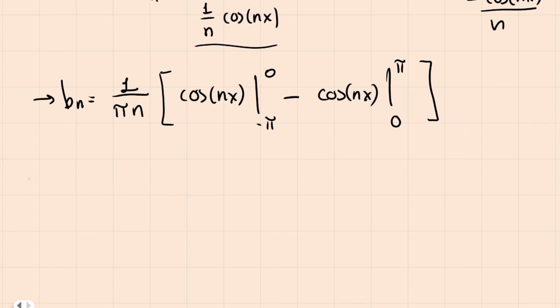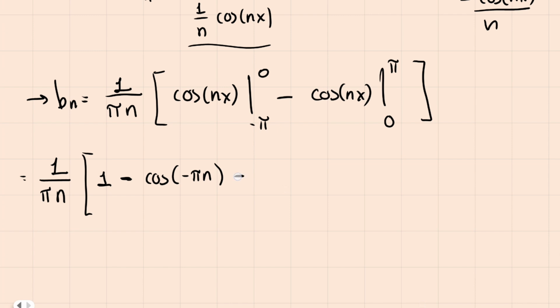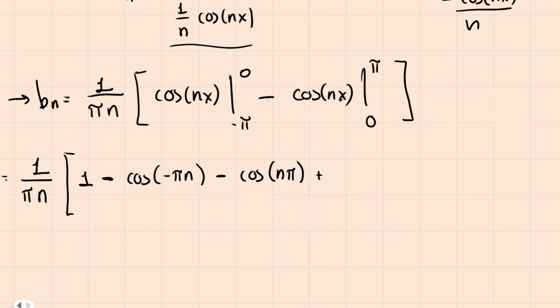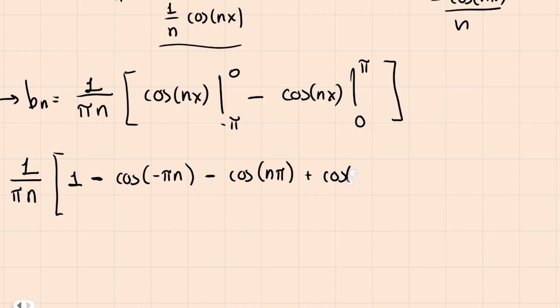Okay, so we are going to get 1 over pi n times cosine of 0, which is going to be equal to 1, minus cosine of minus pi n, and then minus cosine of n pi, and then plus, because with this minus, the minus of the fundamental theorem of calculus will be a plus, so cosine of 0.